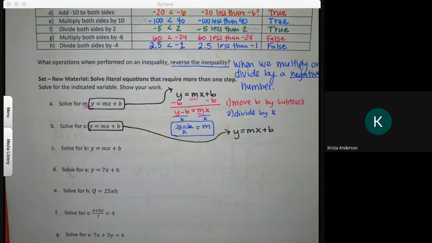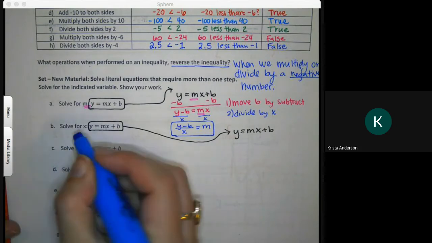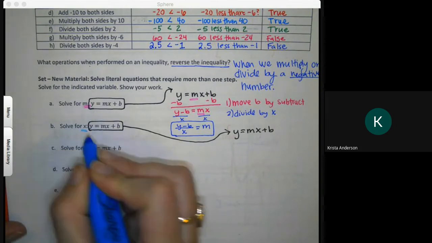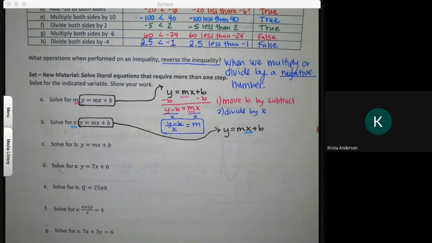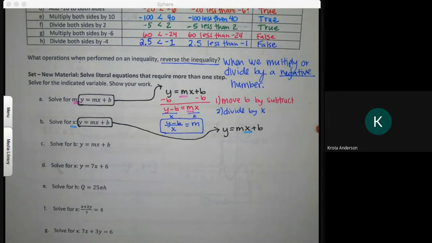All right, in this one, this time I want to find x. My goal is to get x by itself. Anybody think they know what the first step will be? I'm gonna take a guess. To get x by itself. Good.